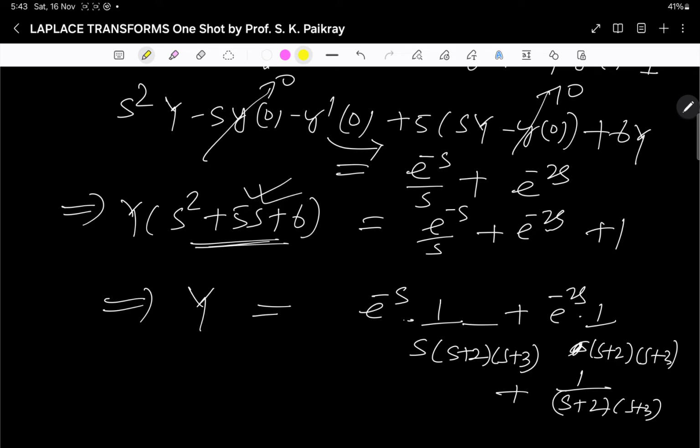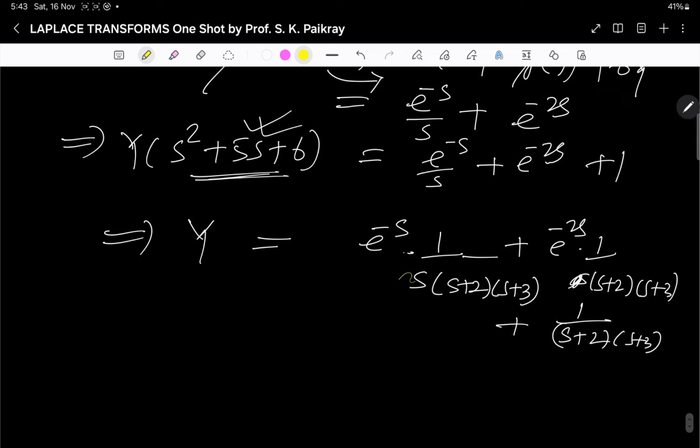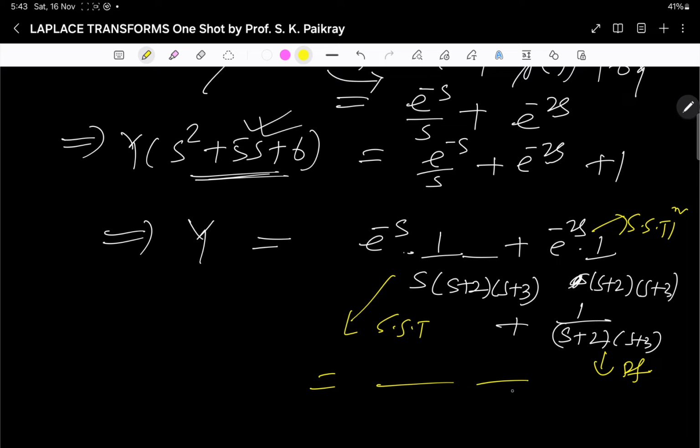So as usual you apply the second shifting theorem here, and apply the partial fraction here, to get the answer. So likewise in the previous case you should get the answer.